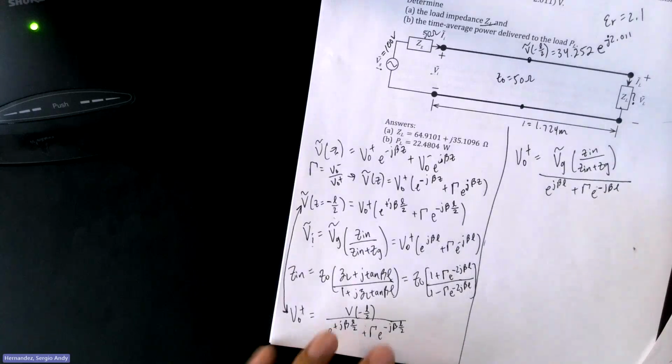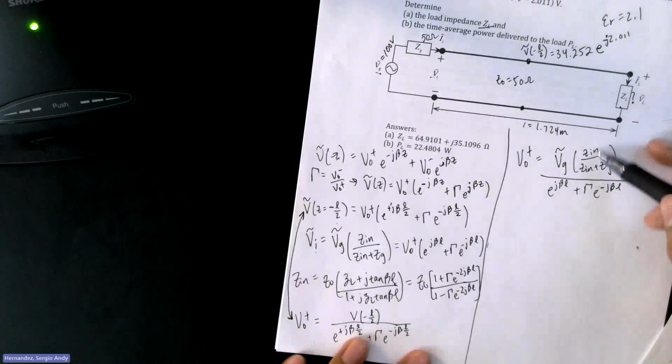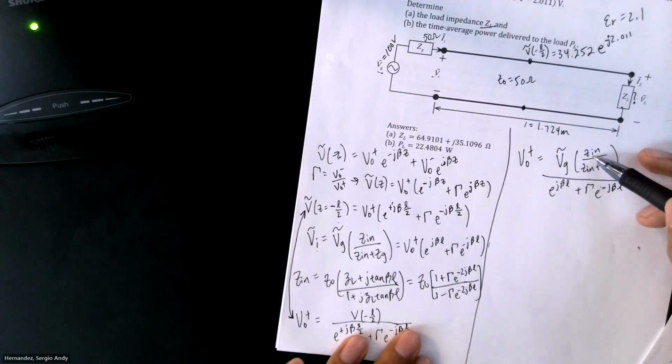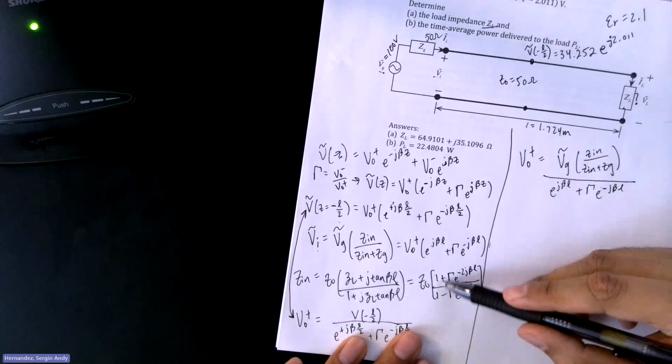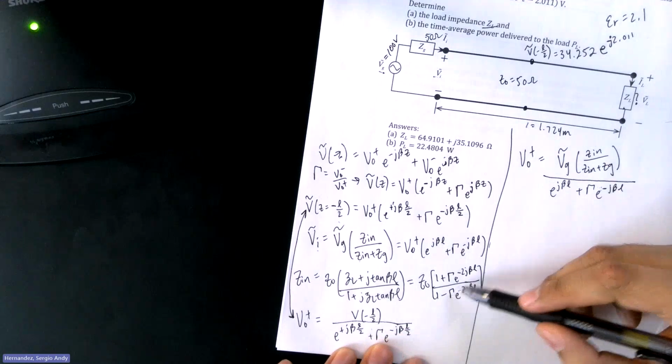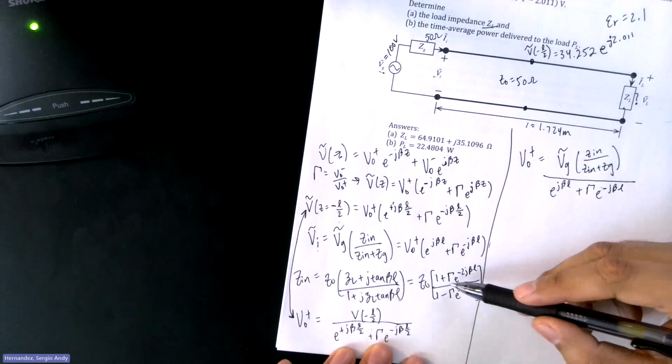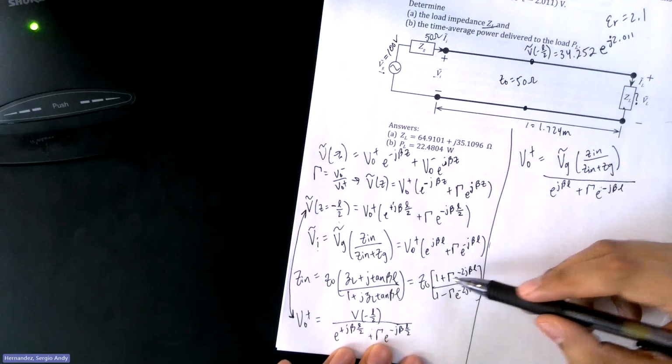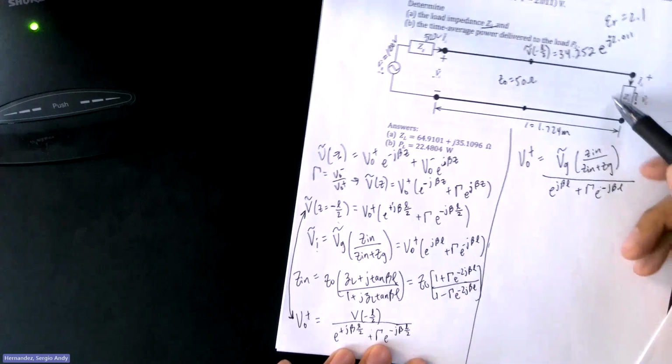And our most likely candidate is going to be our Zn, right? Because if we look at the Zn formula, we have everything else except gamma. And if we were to plug this in, our only missing variable would be gamma, and we can get gamma to solve the whole circuit.